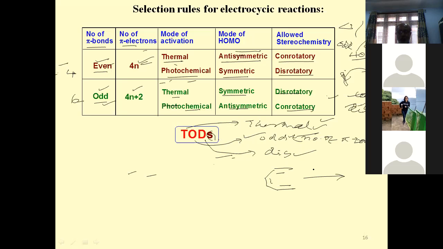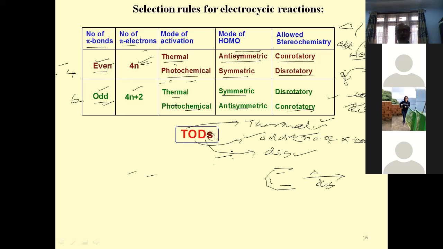I carry out the reaction under thermal condition. So what should be the rotation? Tell me. Rotation of the terminal orbital. Correct. Your answer is clear here. Disrotatory. I write here disrotatory from this one.